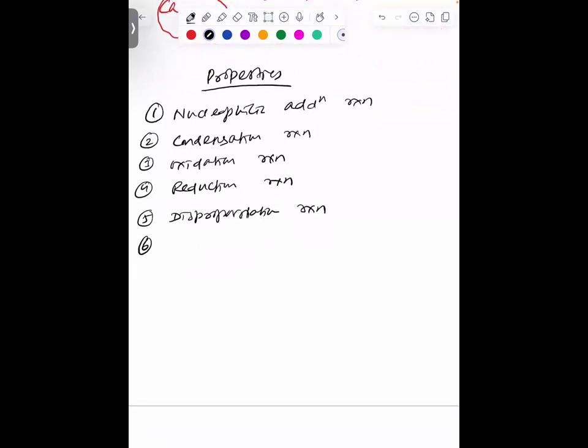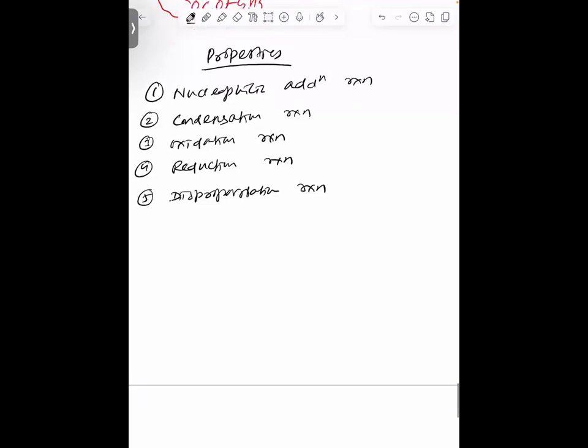First nucleophilic addition reaction, then condensation reaction, then oxidation reaction, then reduction reaction, and disproportionation reaction. What else can take place? Polymerization reaction can also happen in aldehyde, but we will not discuss that here. So these are the major reactions which are taking place in aldehyde and ketone.